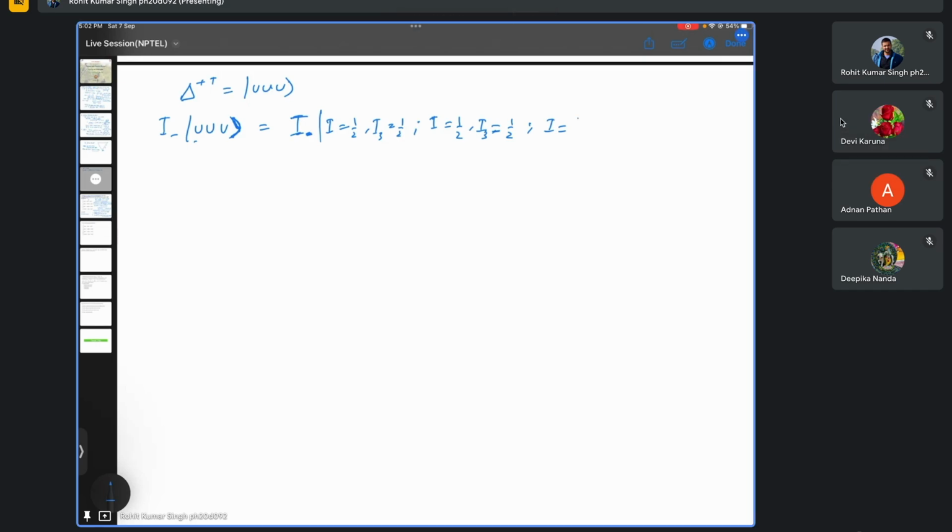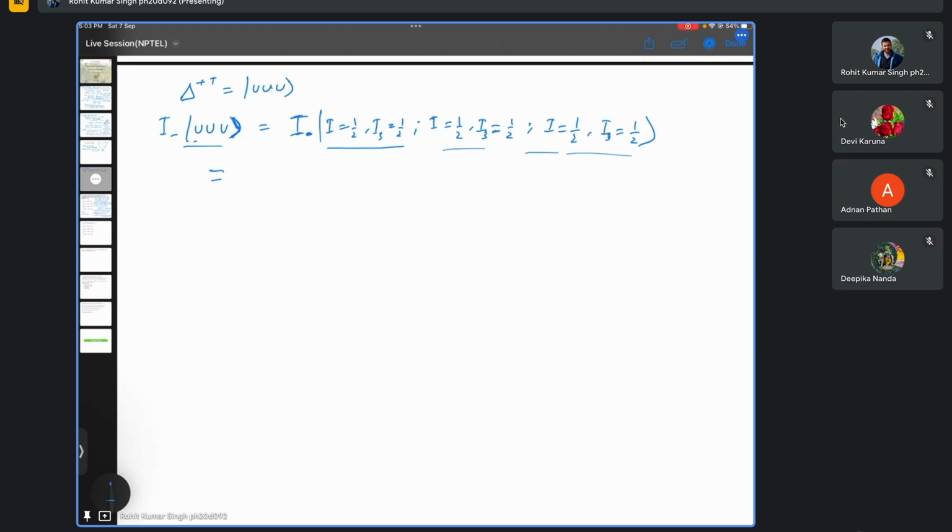And then, yeah. So this is what we have. Okay. Now what you will get: first we apply the lowering operator on this one, keeping these two unaffected, and we will get 3 terms.